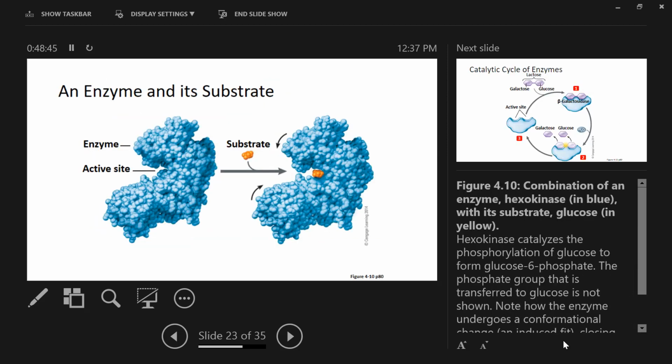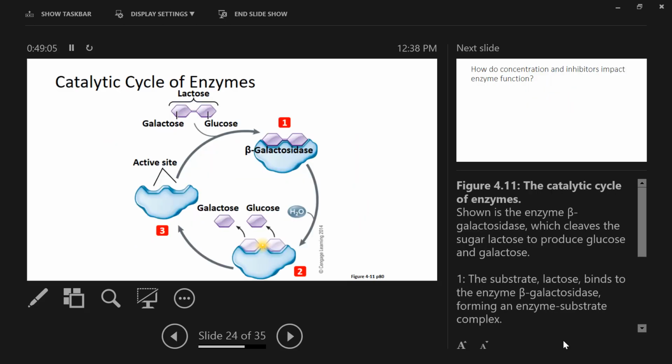So here's an enzyme with its particular substrate, and whether it's induced fit or lock and key, you've got this enzyme that's basically substrate specific. Notice here we're showing that the enzyme's changing shape a little bit. That's what those arrows are illustrating, putting strain on bonds. Here's showing you the enzymatic breakdown of lactose. This enzyme is called lactase. You can get this in a soluble form and consume it before you eat dairy products if you are lactose intolerant.